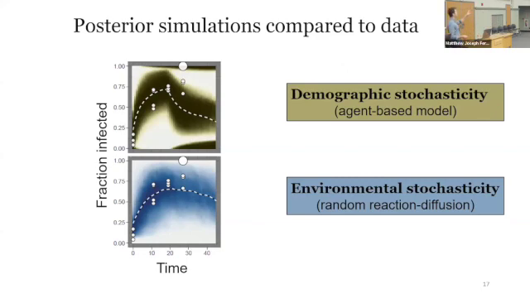What I want you to notice here is that the environmental stochasticity is more diffuse. It has less sharp contrast between the high probability and low probability regions that we see in the demographic stochasticity model over time. And also importantly, there are these refugia that appear of virus-only or susceptible-only areas, of really low or really high fraction infected, in the demographic stochastic model.